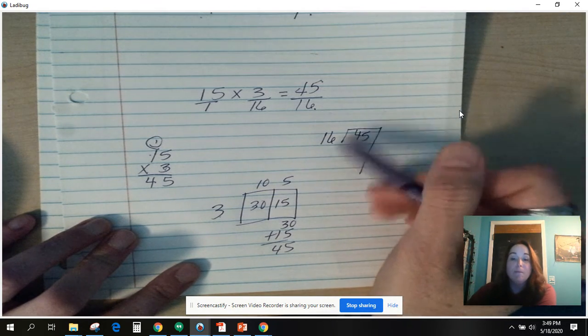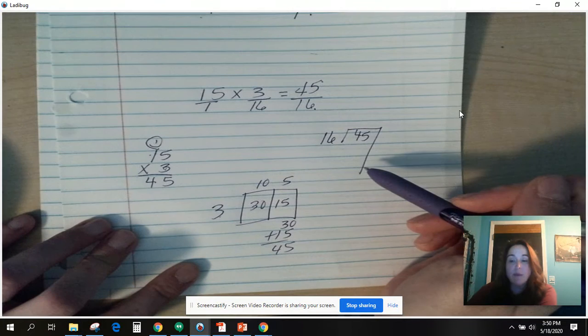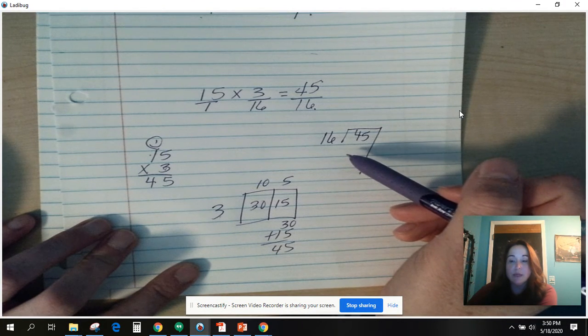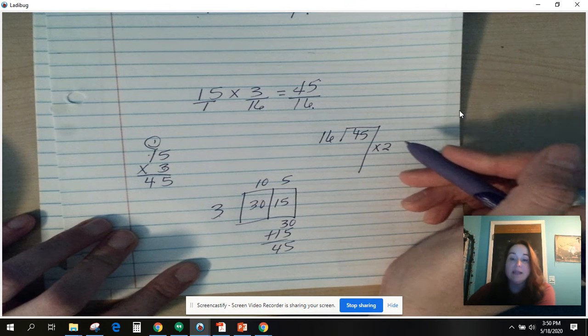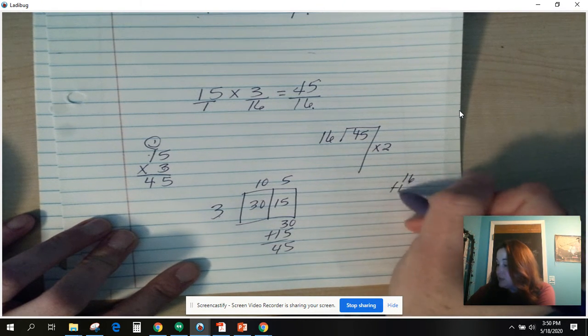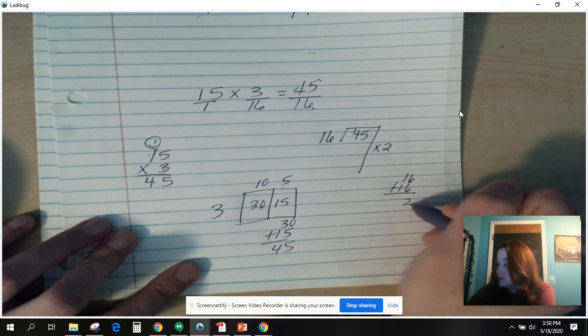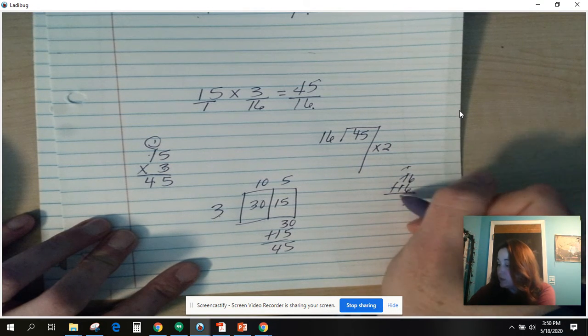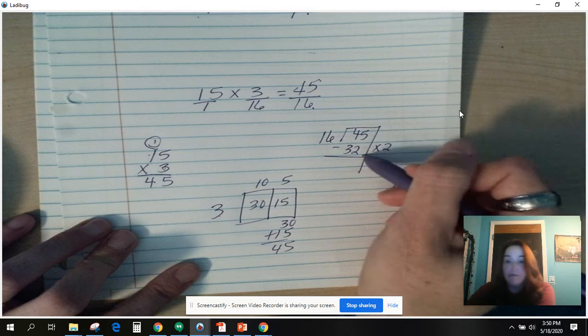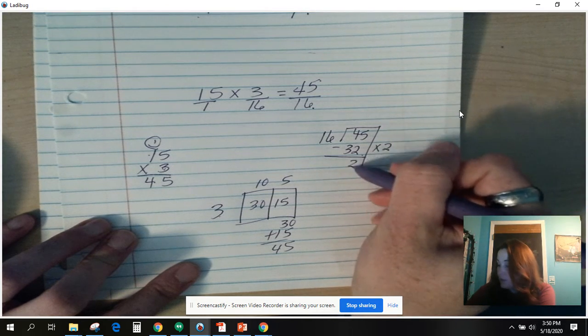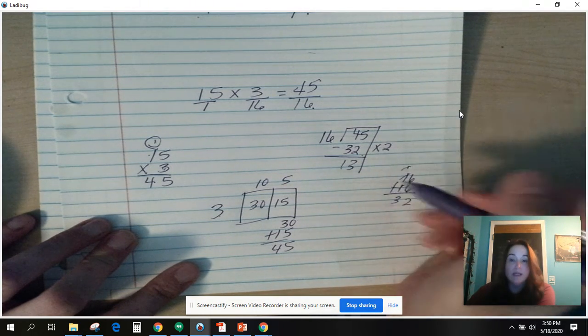I'm sitting here thinking 16 times 3 popped in my head, but I think that's a little bit too much. So what about 16 times 2? We could do 16 plus 16 if that's easier for you. 6 and 6 is 12. Carry the 1. 1, 2, 3. 32. Awesome. Now 5 minus 2 is 3. 4 minus 3 is 1. 13.